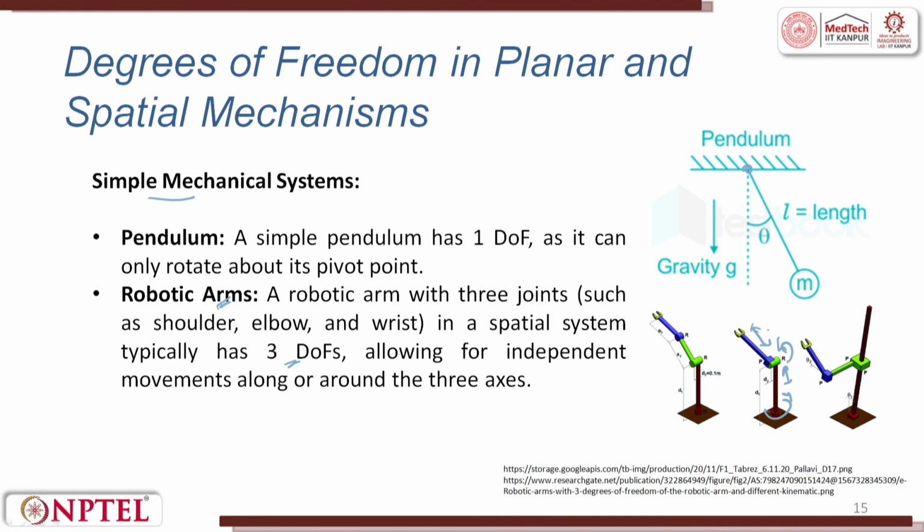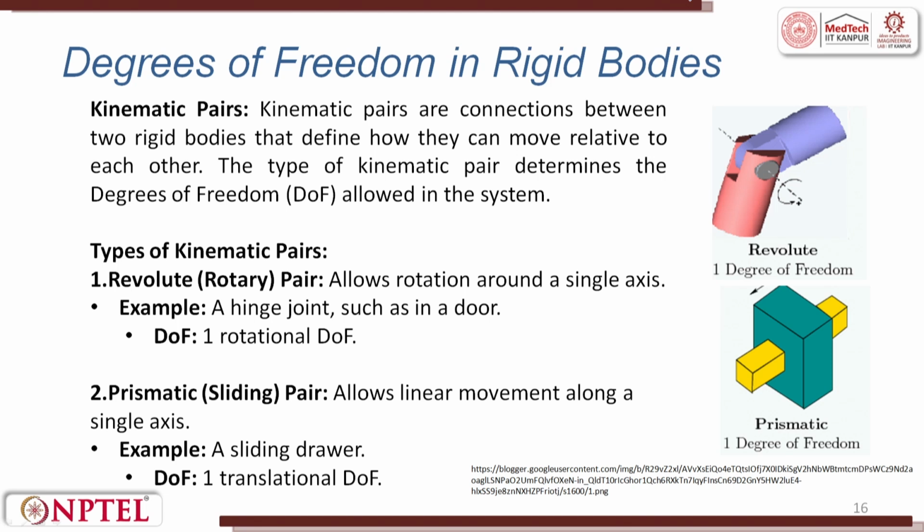So, you have so many degrees of freedom, so that it can do the operation. The crane which is used for high rise building construction, we always look for the number of degrees of freedom we give in the application.